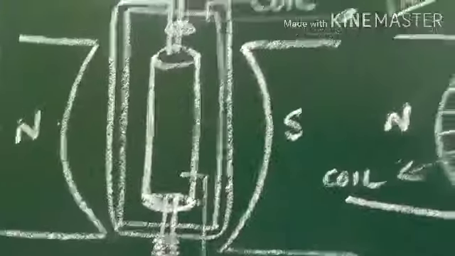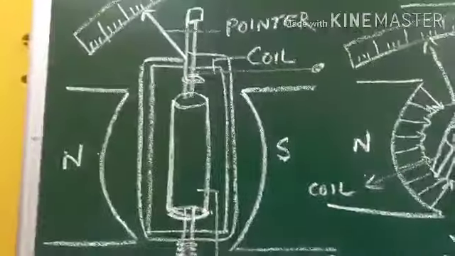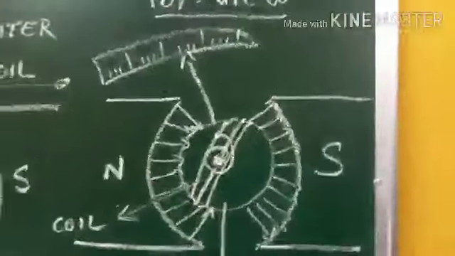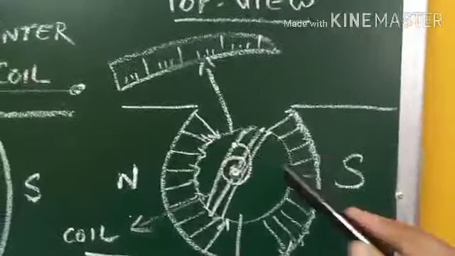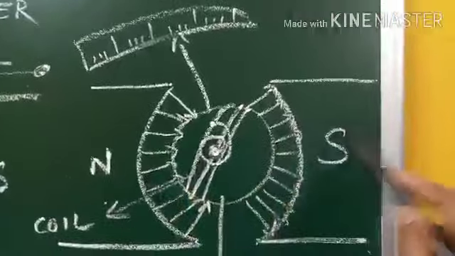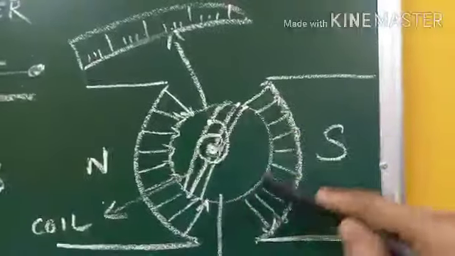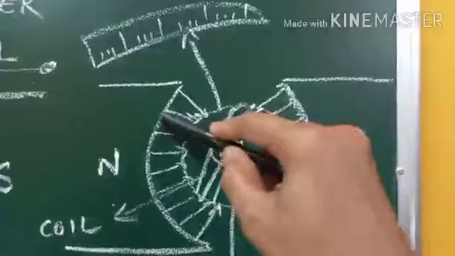Here, this view is the front view of the moving coil galvanometer, and this one is the top view, if you view the galvanometer from the upper side. These are the concave shaped pole pieces, and this is the top view of the soft iron, the upper part of the coil. See the magnetic field lines and their particular shape.